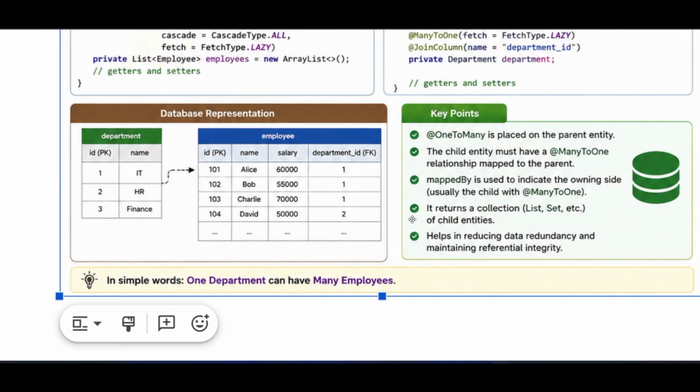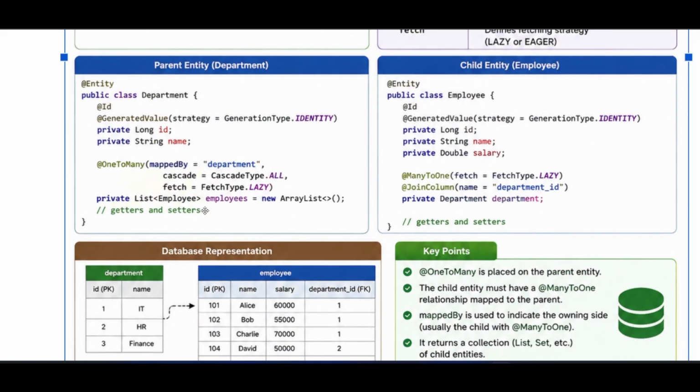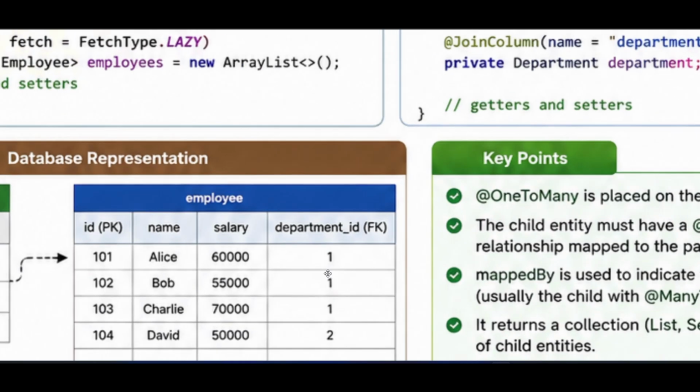Here we have to understand some database representation. Database: ID, name: IT, finance, with IDs 101, 102, 103. How can you define it? The department_id column, what does this mean?